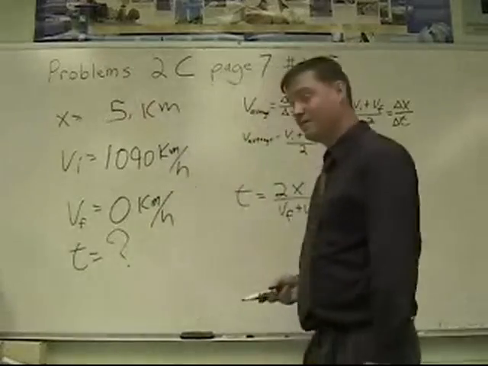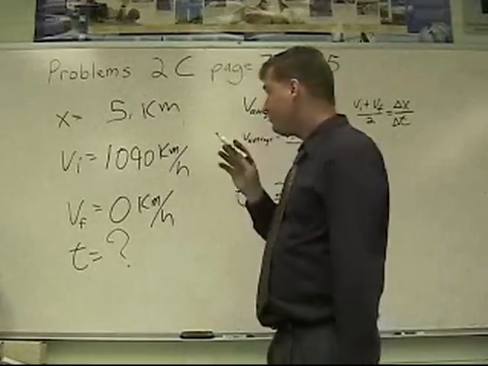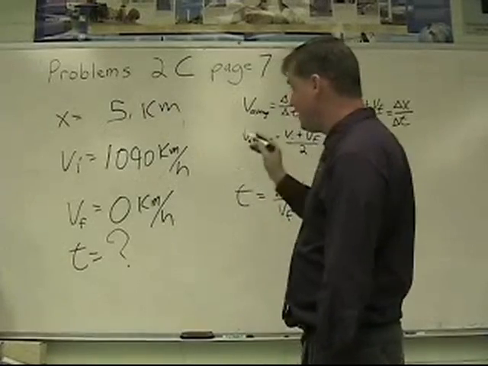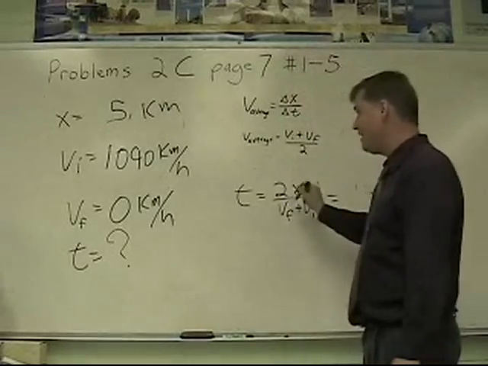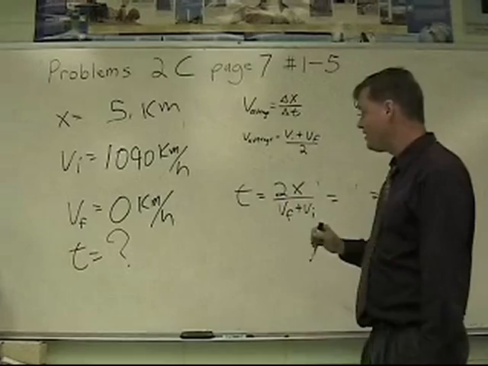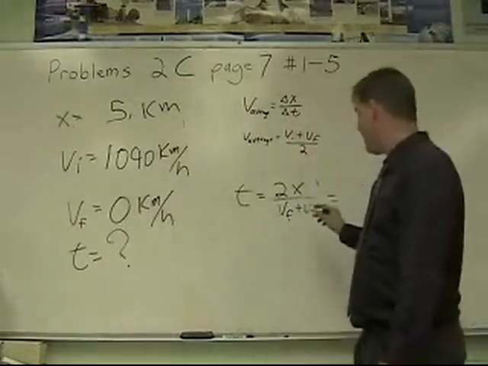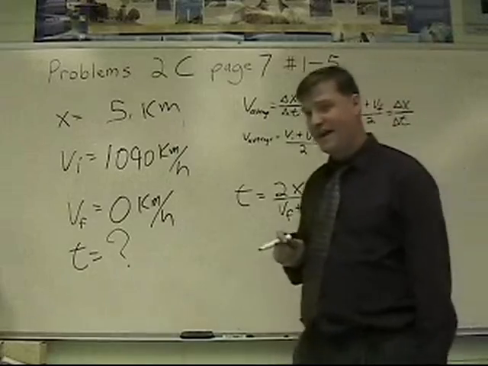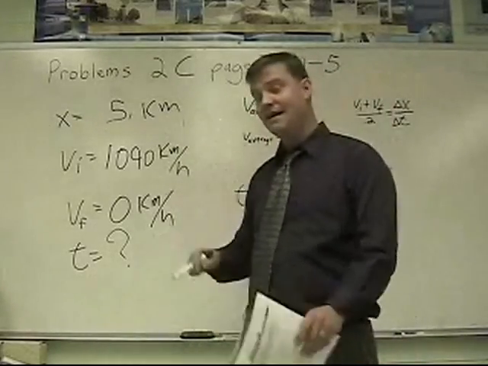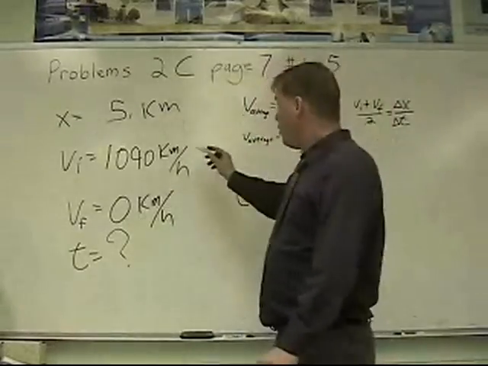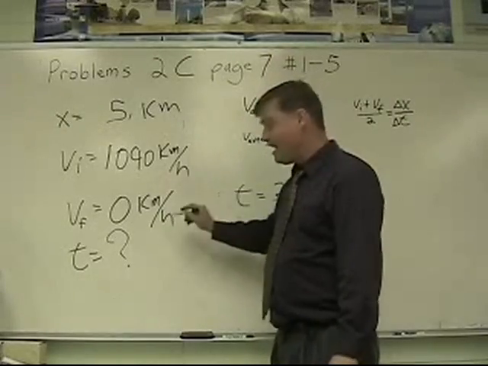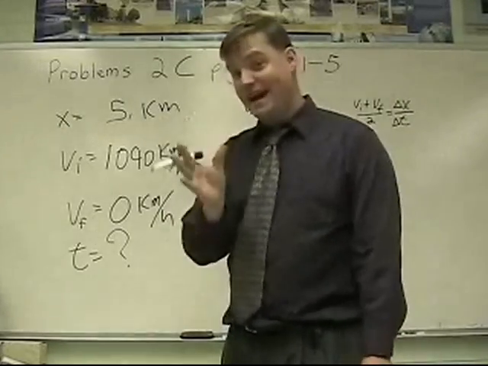5 kilometers. All right. So now we have x is 5. So 2 times x divided by our VF of 0 plus our VI of 1090. Once again, you have kilometers, kilometers, kilometers, hours, hours. Your answer will be in hours.